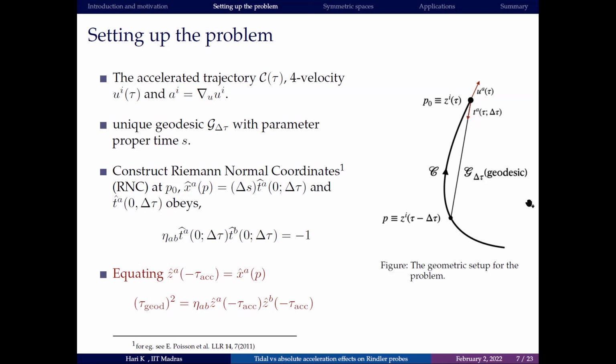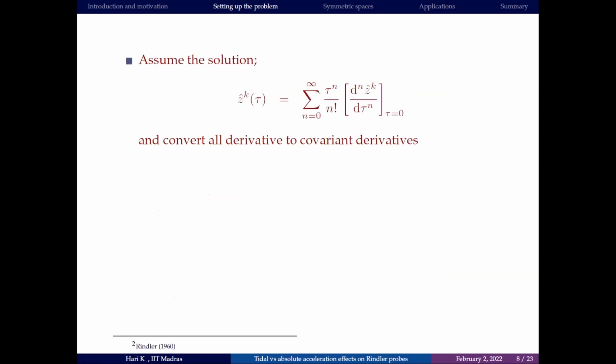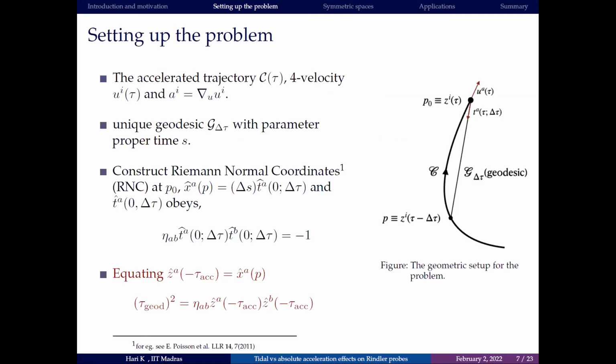But our equations are actually covariant in this region, because we are converting all the ordinary derivatives into covariant derivatives. So the coordinates are only valid very close to that point. They are not valid far away from P0. But once they are resummed, it's just like the validity of the Taylor expansion, right? It depends on the radius of convergence.